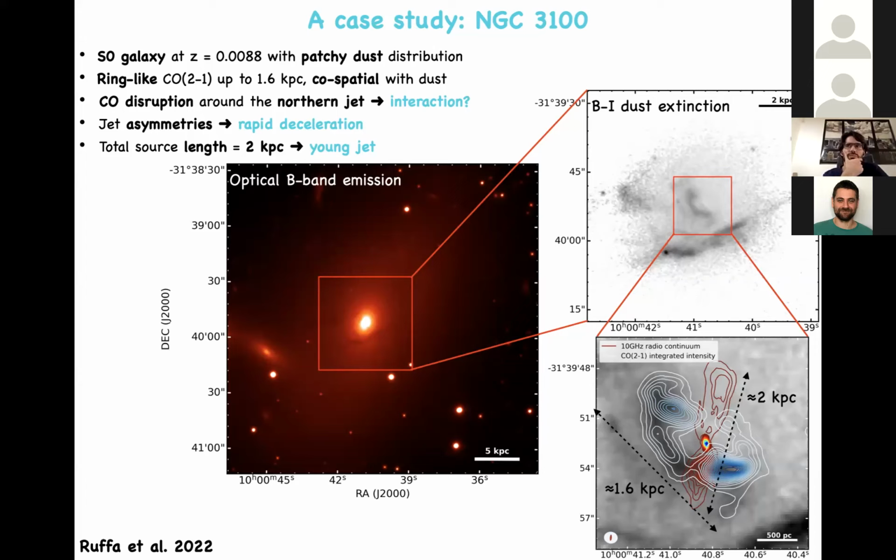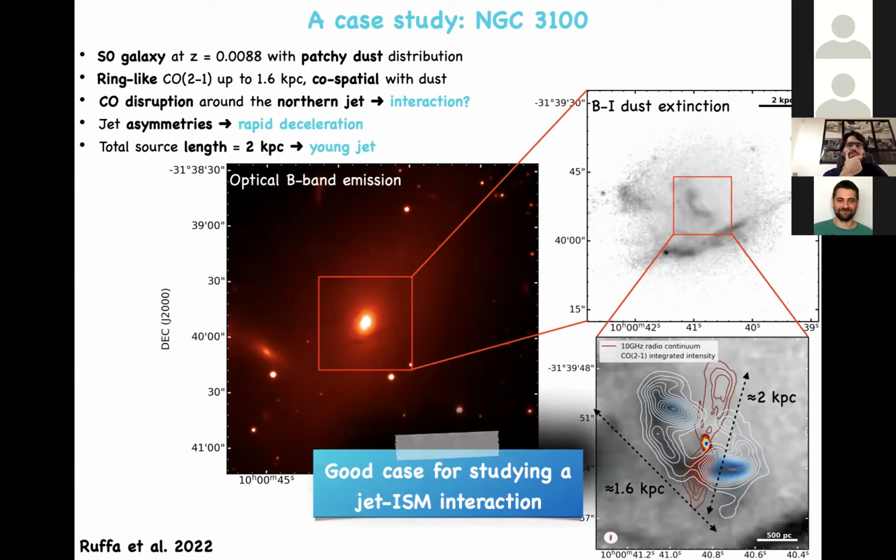Based on well-known radio jet age-size correlations, we can conclude that we are looking at a young radio source.